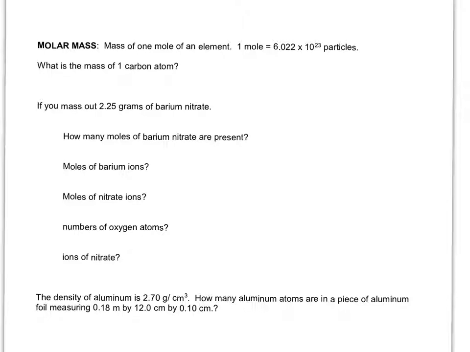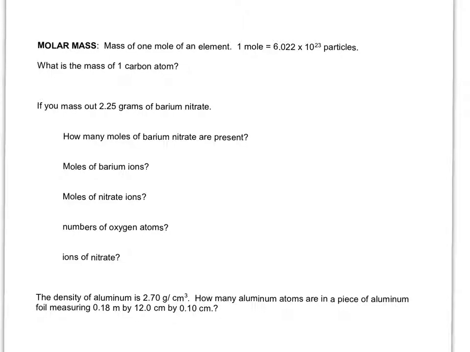Or you could use that same number for a whole mole, in units of grams. So the mass of one whole mole of carbon atoms is about 12 grams. So again, the mass on the periodic table is either the mass of one atom in atomic mass units, AMUs, or the mass of one mole in grams.